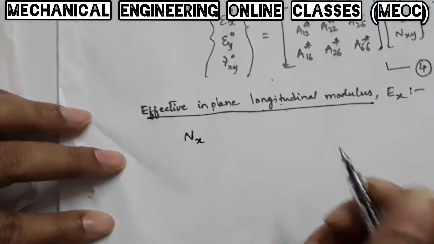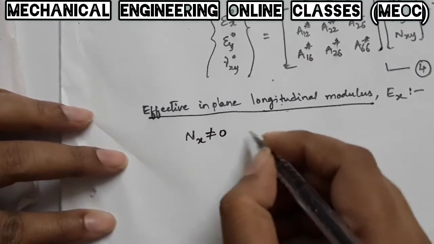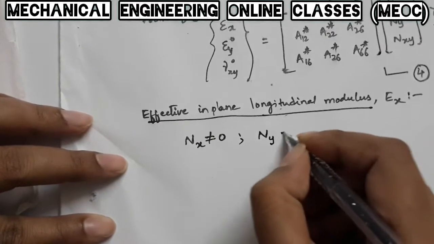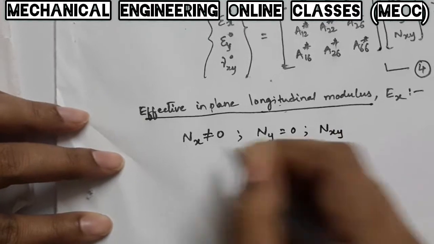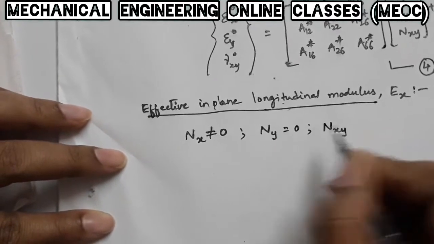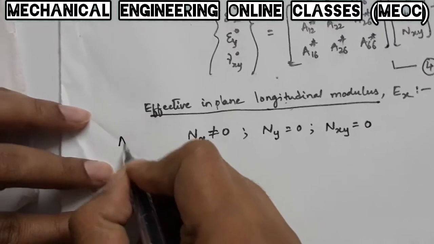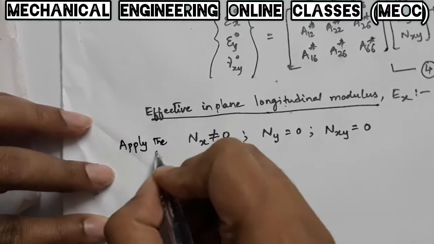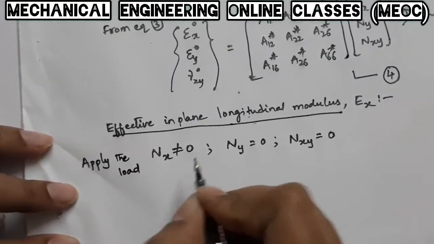I will apply load only in x direction such that it is not equal to 0 and all the loads in other directions will be equated to 0. Nx is not equal to 0, ny is equal to 0 and nxy is equal to 0. So this is the test that I am performing. Apply the load such that load exists only in x direction.